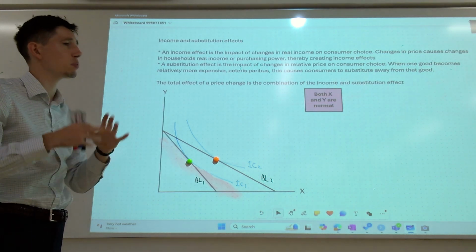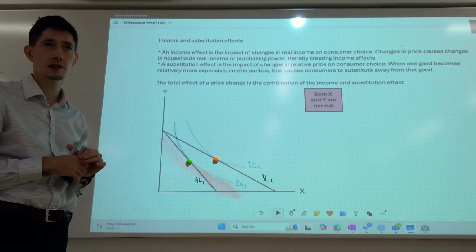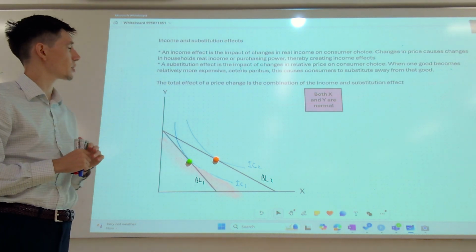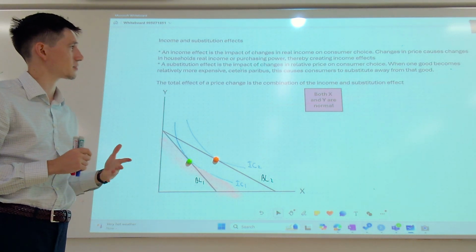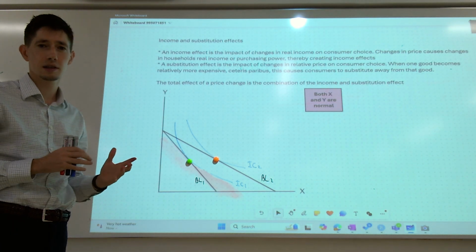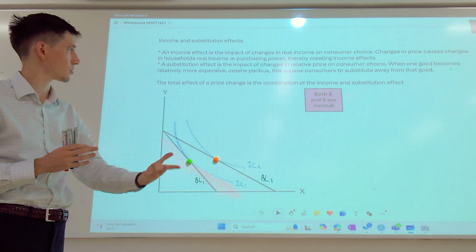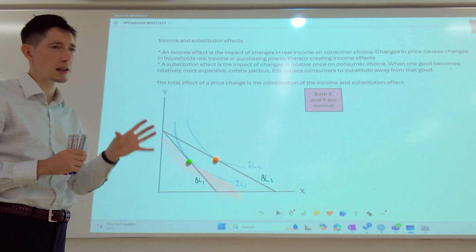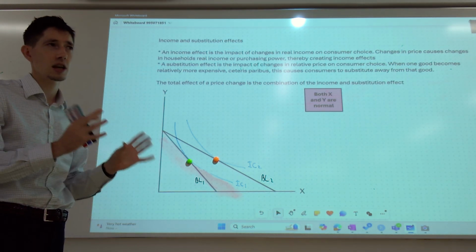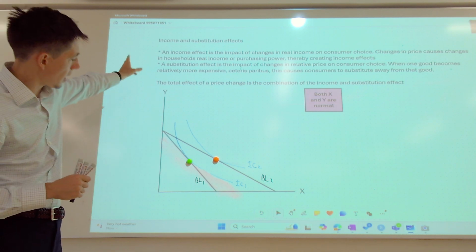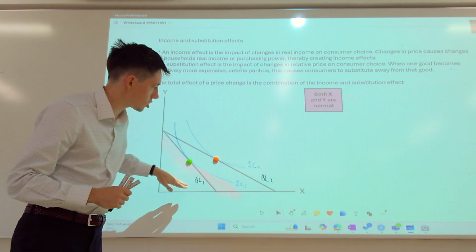How would you respond to that change in your purchasing power? That's the income effect. What about the substitution effect? Well, we're going to try and examine the impact of the changes in relative price taken by themselves. So we're going to try and separate the change in relative price and the change in your purchasing power. Here, X is becoming relatively cheaper.